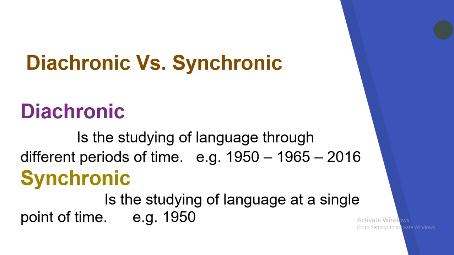Synchronic is the study of language at a single period of time, like 1950, or 2020, only one period. It is the study of language at a single point of time.